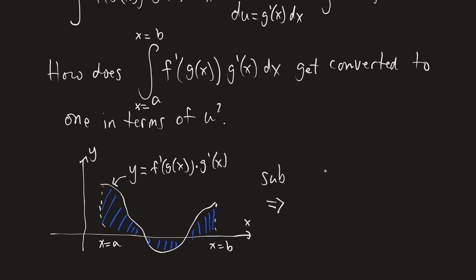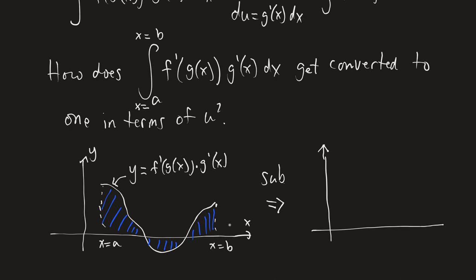With the substitution, it would still be y on the vertical axis. But we are essentially getting rid of the g of x and the g prime of x, so it would affect the graph and the region.